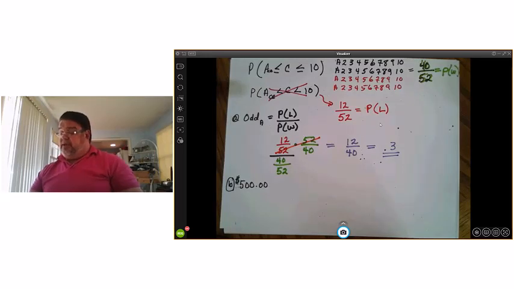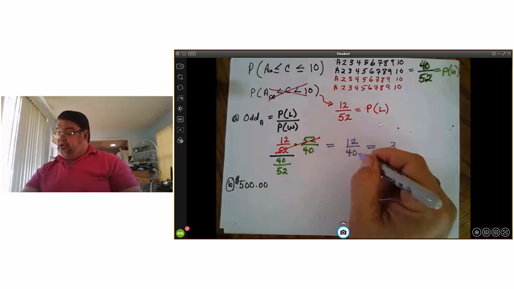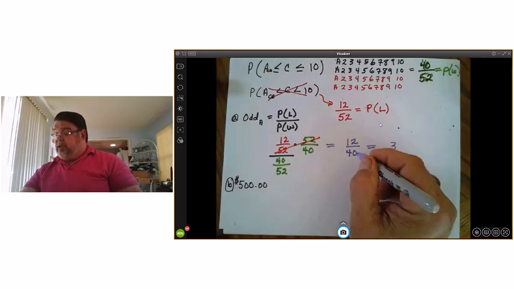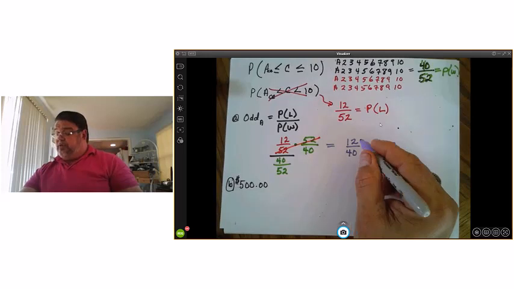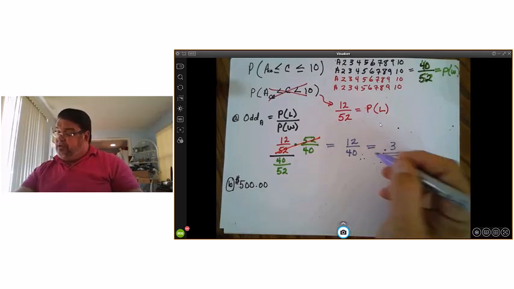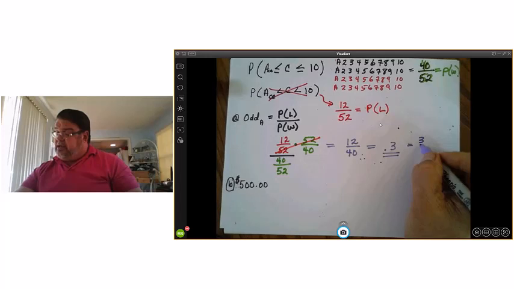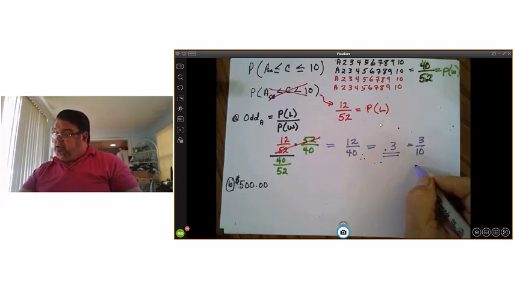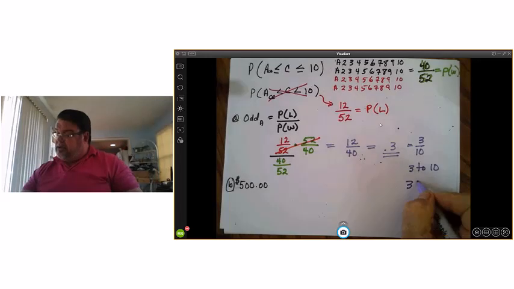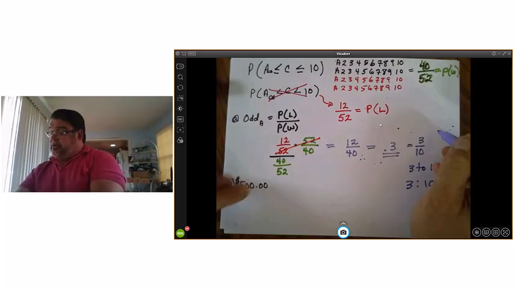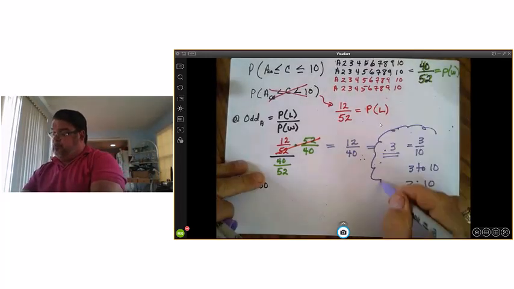Now if you need to write it as a fraction, 2 will go into there, 6 over 20 and 3 over 10. So that would be 3 over 10 or 3 to 10 or 3 colon 10. 3 to 10 odds.